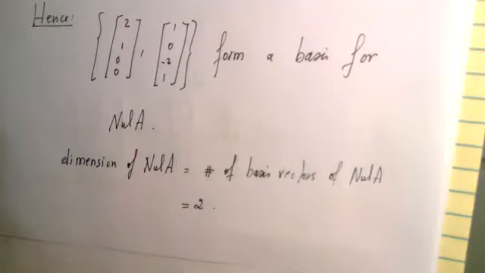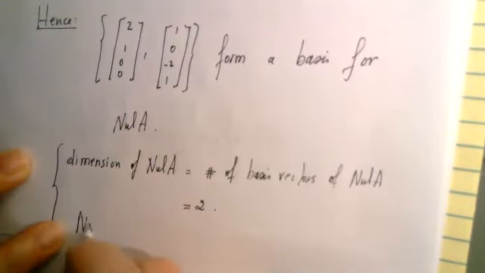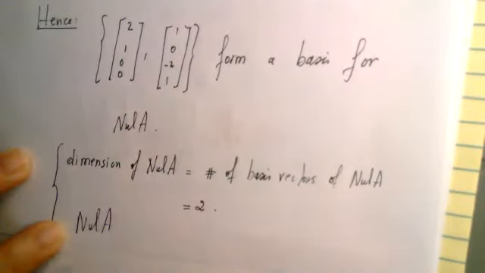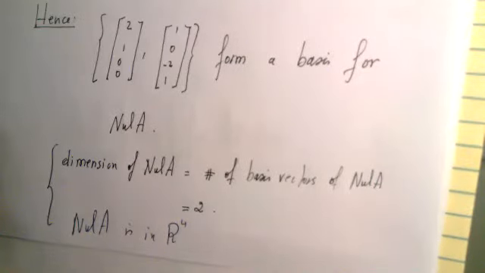But the null space itself is where? R4. Yeah, it's important. The null space itself is in R4 because the vectors in the null space have 4 components. So the null space is in R4, but it's dimension 2.